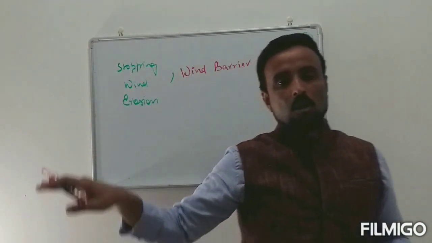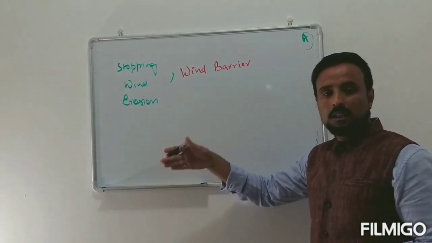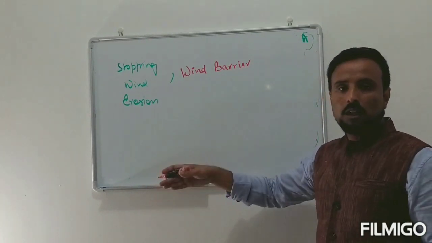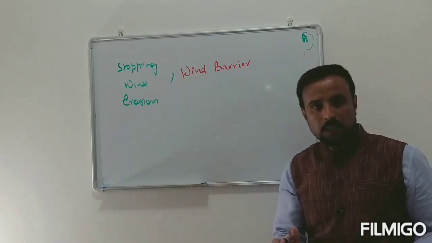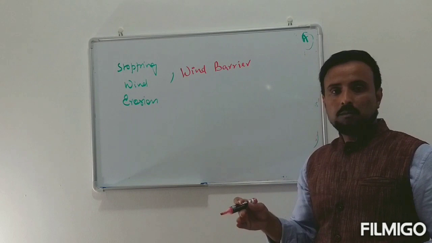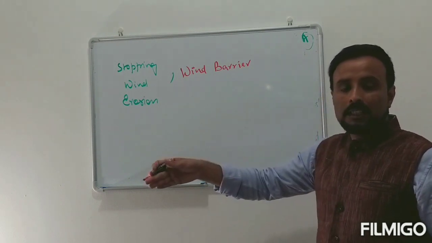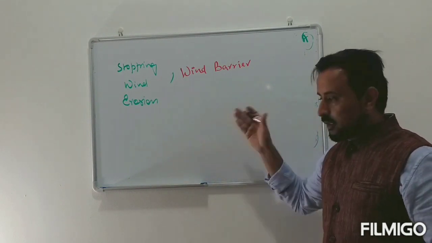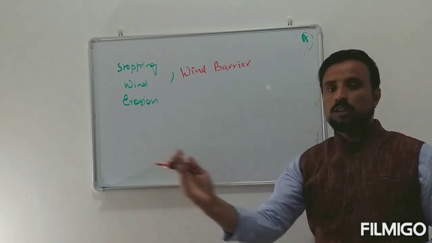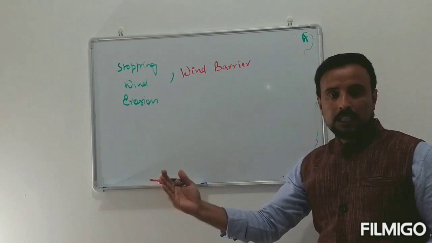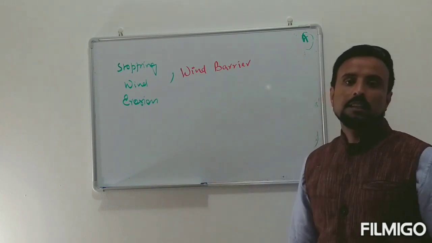Normally wind barriers are long trees which are planted along a particular land. Suppose there is a land on which wind erosion is happening. So we deliberately design this land to plant same length trees onto the boundaries, right? So the wind direction can be averted, right?